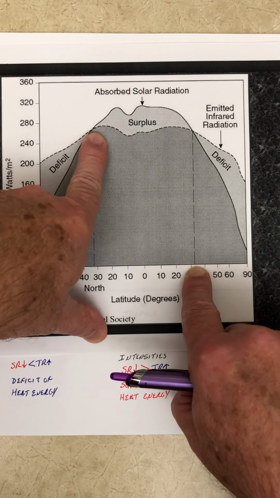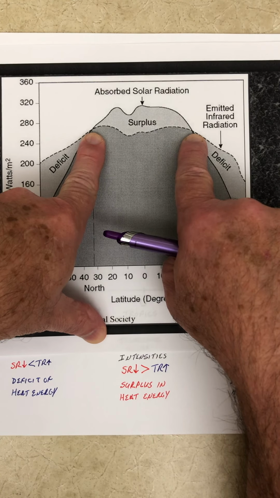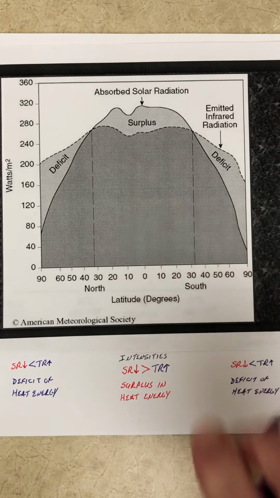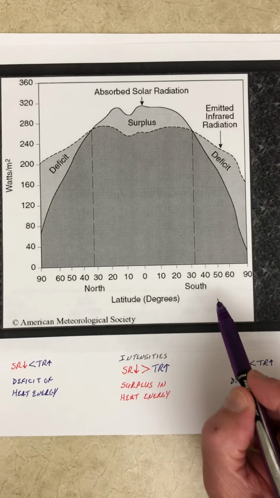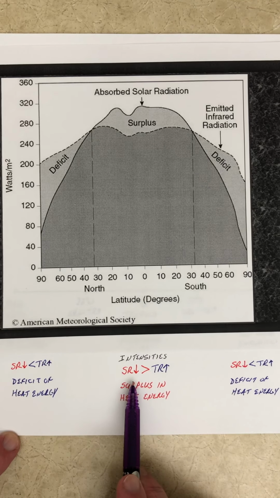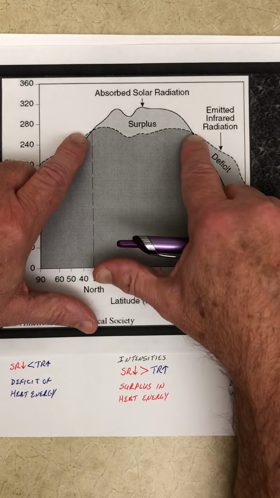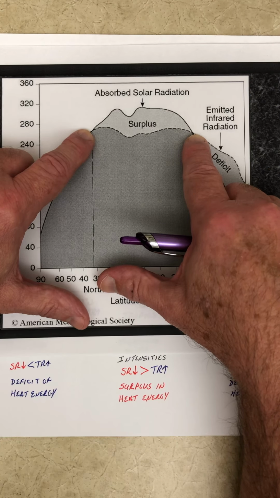That's where incoming solar equals outgoing terrestrial over the course of a year. And equatorward of 32 degrees north and south, incoming solar radiation is greater than outgoing terrestrial radiation. But I also wanted to show you this because there is a tremendous amount of outgoing terrestrial radiation.